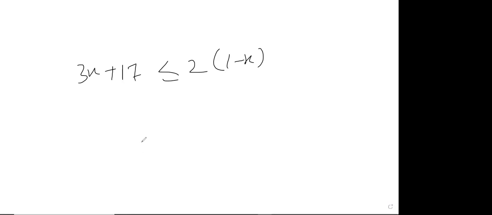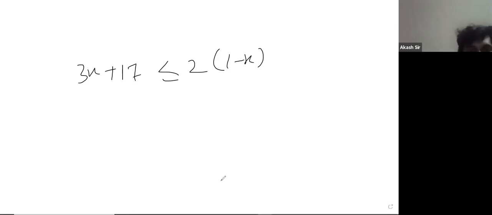Gautam, the question is to solve this inequation. I've shared the inequation on the whiteboard.